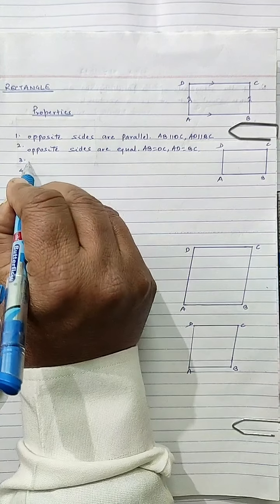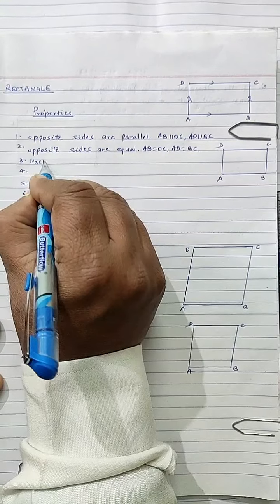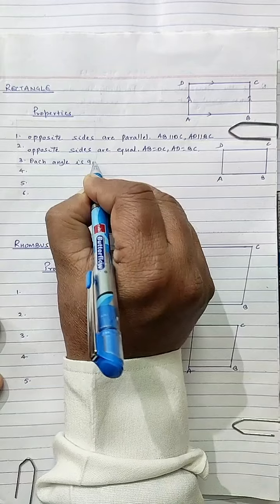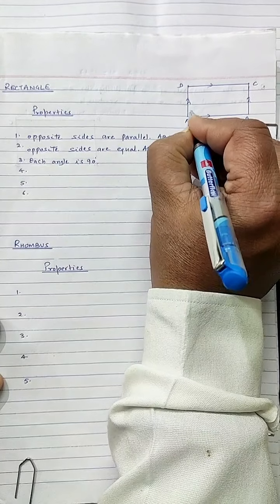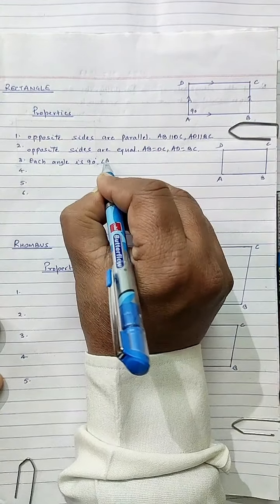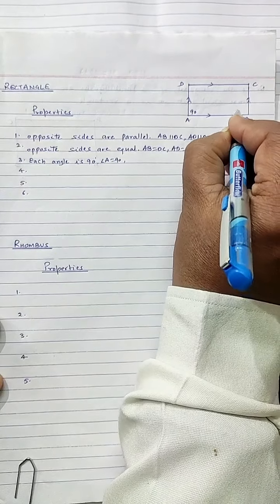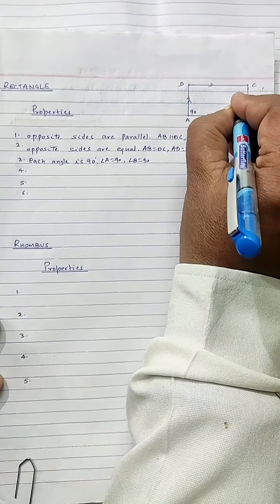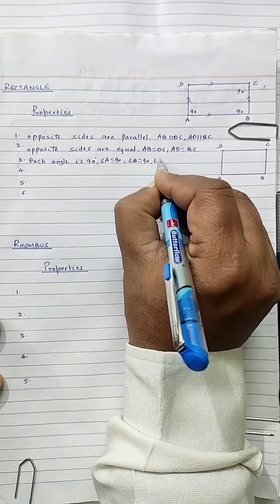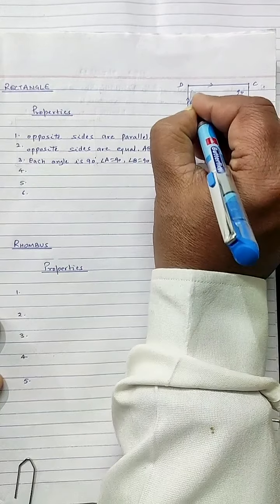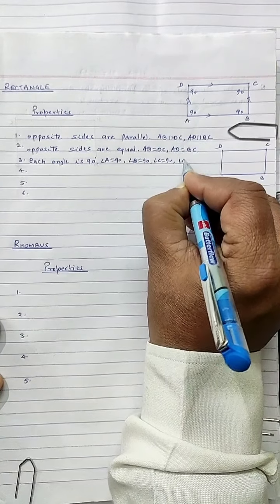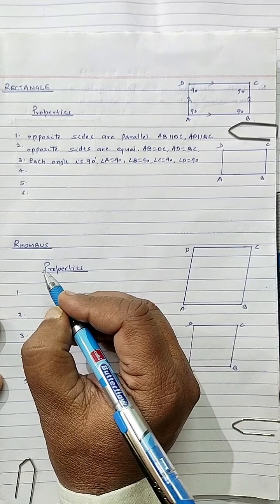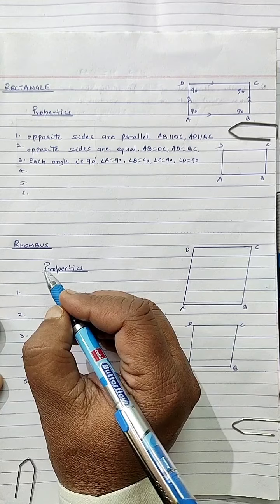Next property, each angle of rectangle is 90 degree. So angle A is 90, angle B is 90, angle C 90, and angle D is also 90. So all the four angles of rectangle are 90 degree each.